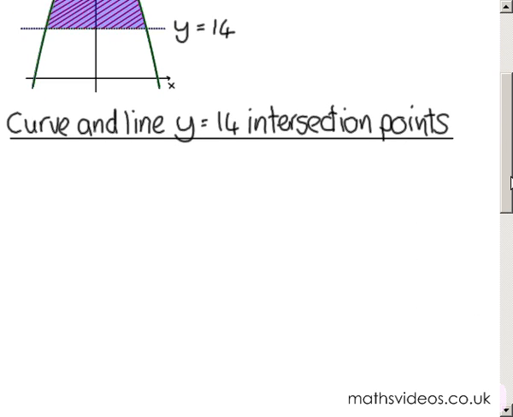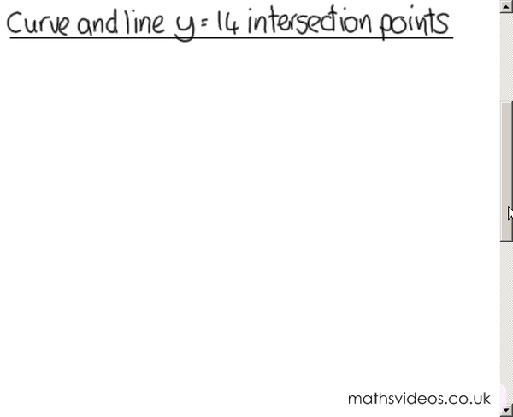So we have the equation of our curve. The equation of our curve is y equals 32 minus 2x squared. We want to find out where this curve intersects with the line y equals 14. So we simply substitute y equals 14 into our equation.